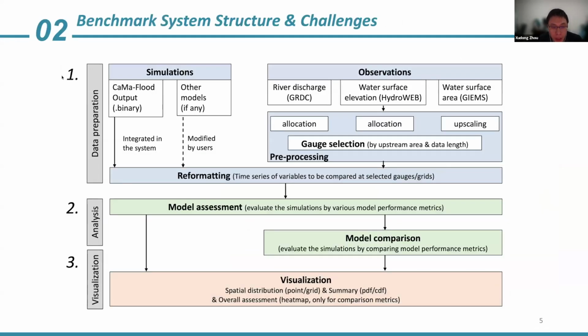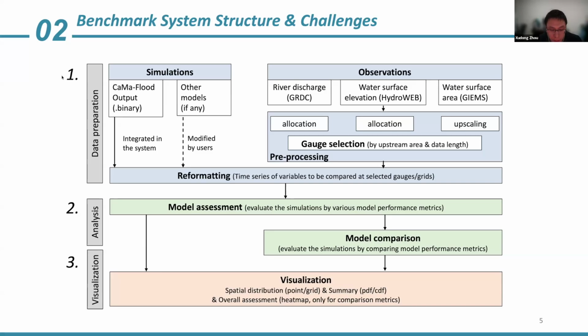So the benchmarking can be divided into 3 steps. The first step is preparing the simulations and observations and converting them to the same format to be compared. The second step is to develop some model assessment methodology, including the metrics and also the model comparison metrics.